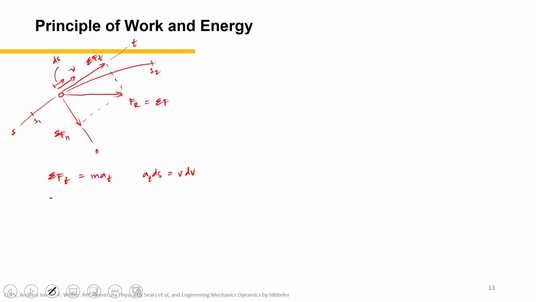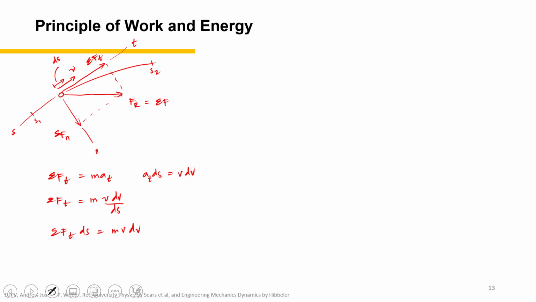So now our equation becomes Ft = m v dv over ds, and let's transfer ds to the left side. That would be Ft ds = m v dv.